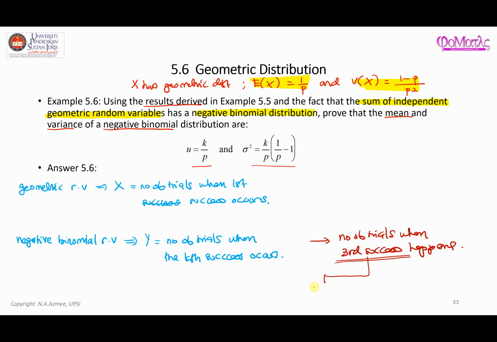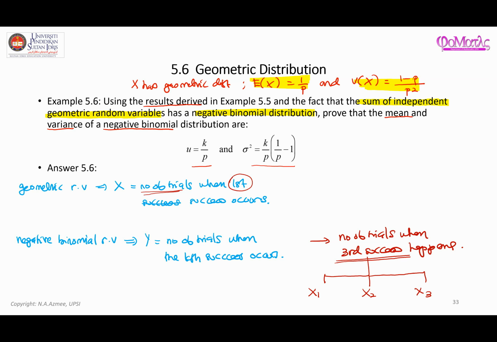The process of having the third success is similar to having one geometric random variable, X1, that represents the first success, and then X2, which is also a geometric random variable that represents another first success, and the same thing for the third geometric random variable. Again, a geometric random variable is the number of trials when the first success occurs.